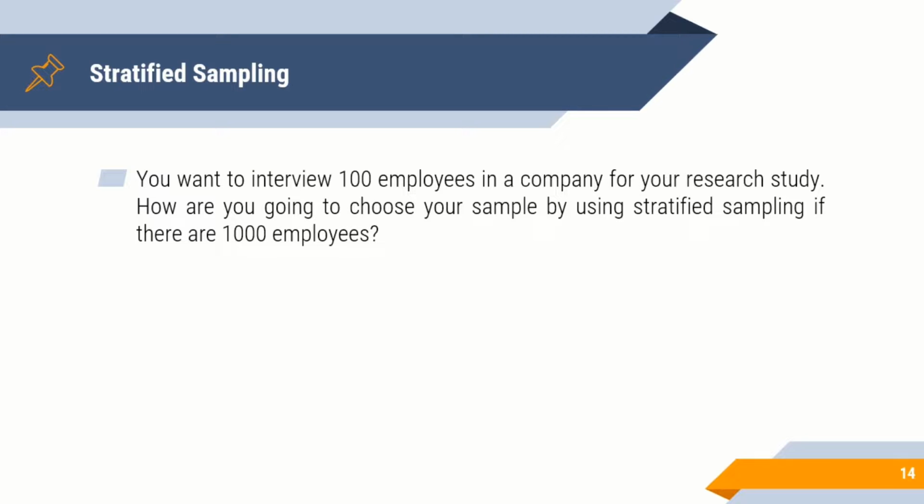So here is an example. You want to interview 100 employees in a company for your research study. How are you going to choose your sample using stratified sampling if there are 1,000 employees? We have said that in stratified sampling, we divide the population into subgroups or strata. So our population is the 1,000 employees.